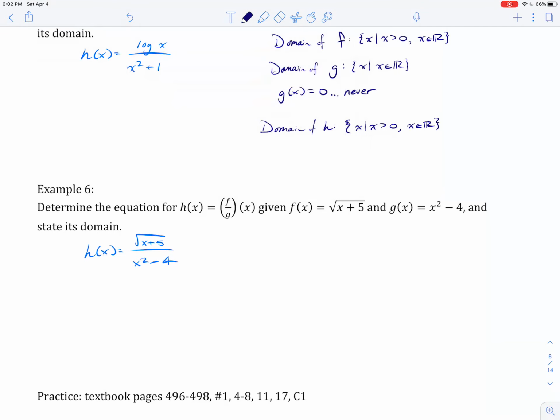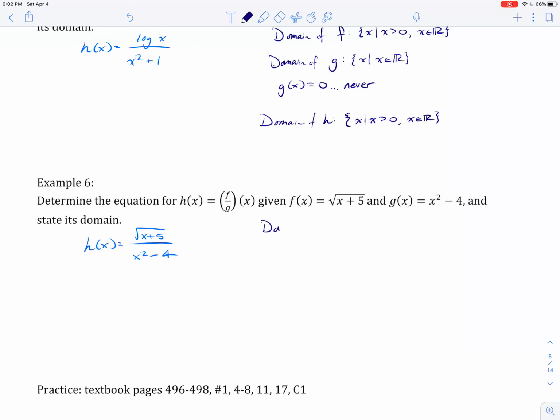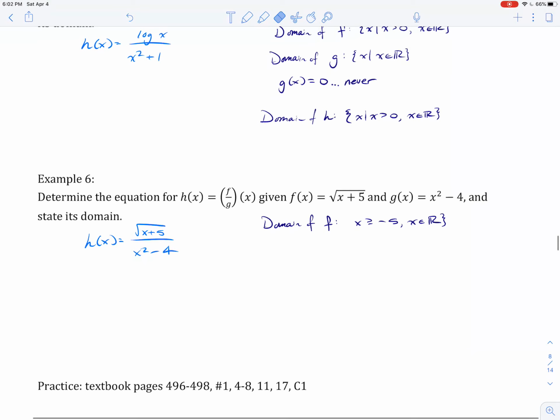I check out my domain of f. There we go. Except notation wise. Ooh. Nailed it.